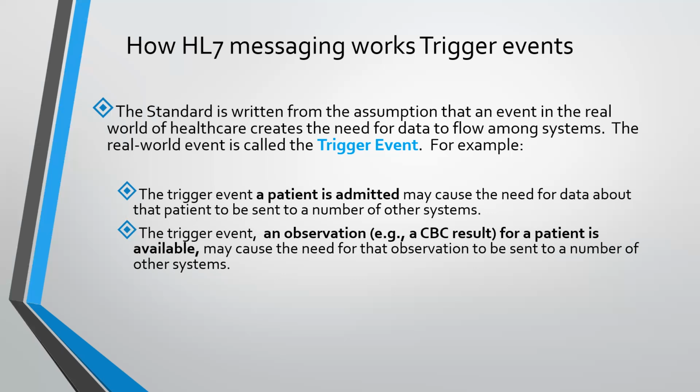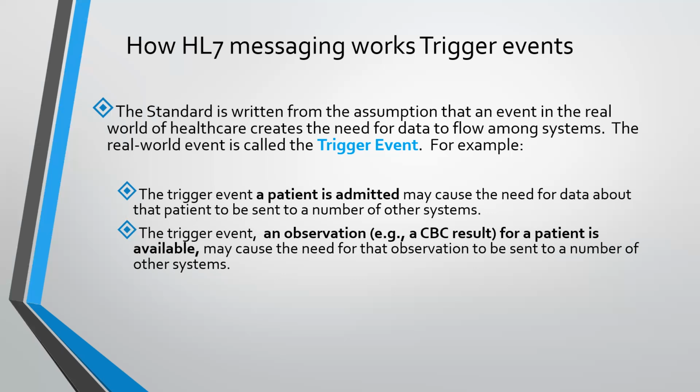Then the doctor will place an order, so that the lab can receive that order and perform the test. So placing an order is another event. Now the lab results back the data, so that is another event. In this way, from the point when the patient arrives into the hospital till he leaves, there are a series of events that are happening. Okay, so that is the base. These events will keep on occurring, whether the patient is inpatient or outpatient.